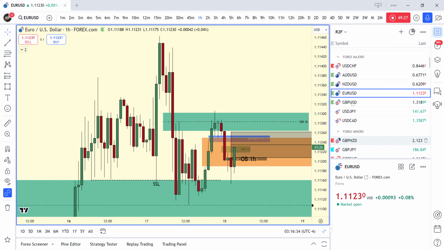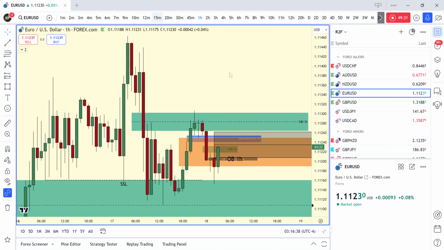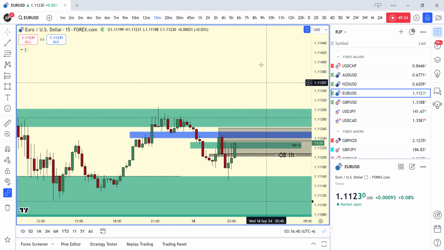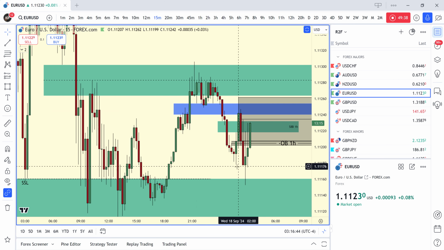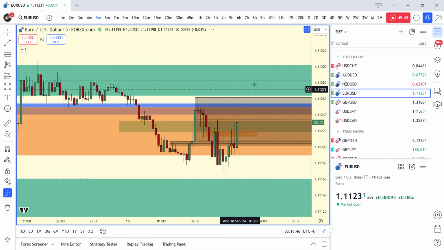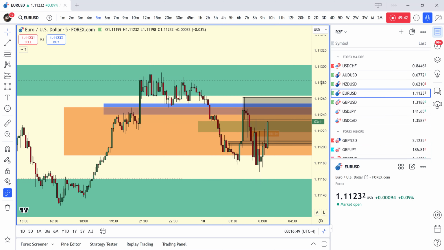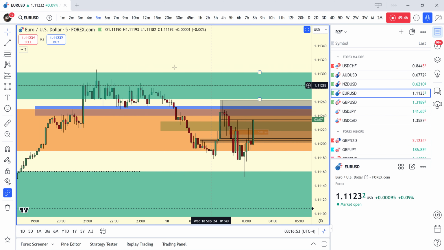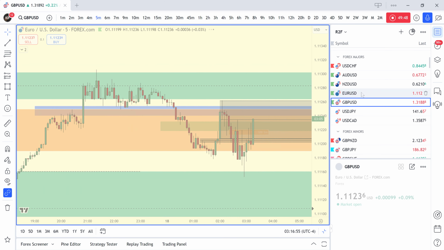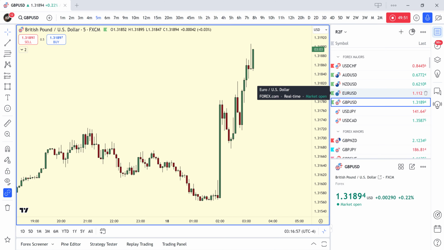Okay, this puppy looks like it. It looks like it, but yeah, candle's not closed. Five minutes. Let's get a pound. Pound's going for it.